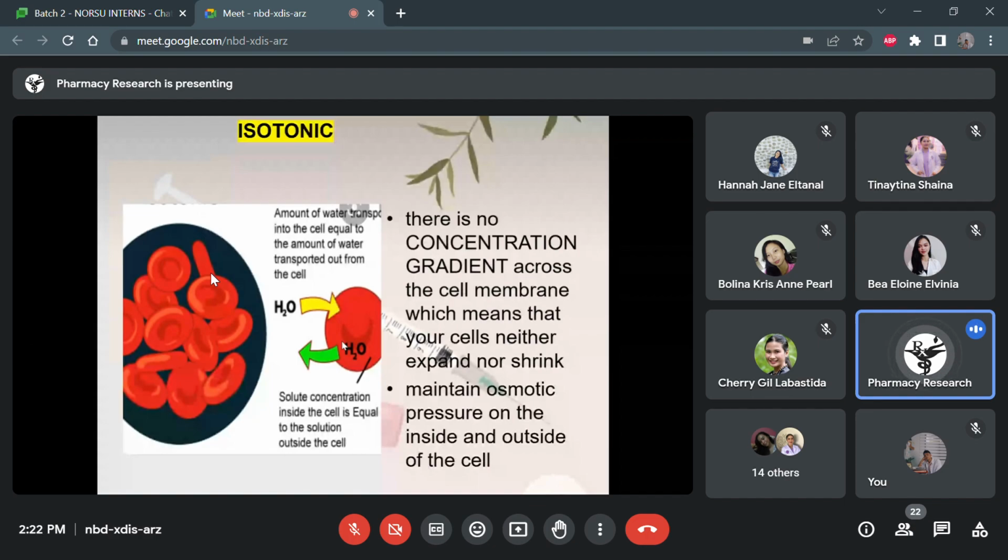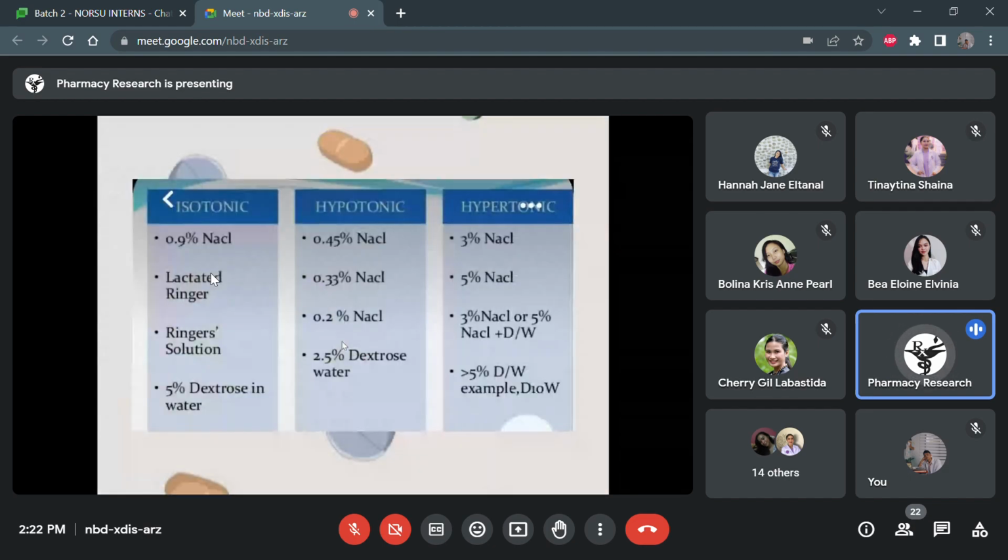One example of isotonic is 0.9% sodium chloride, the NSS polyamp, lactated Ringer's, the blue one, the Ringer solutions, and the 5% dextrose in water, the red one.